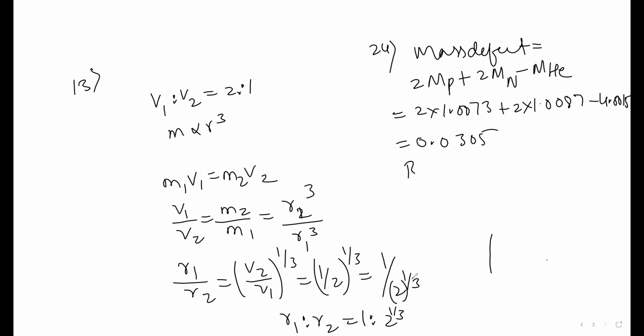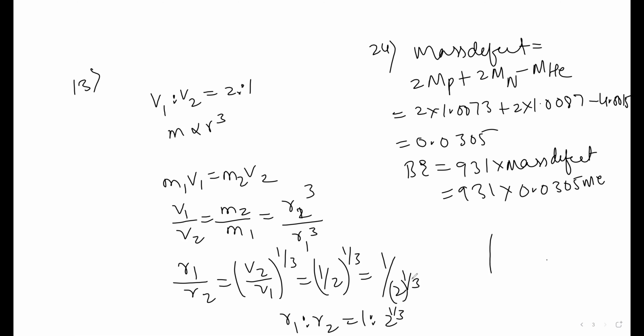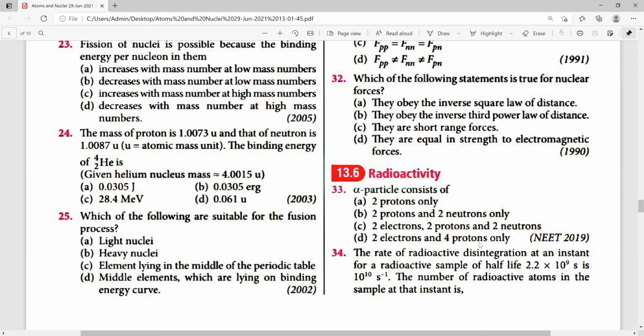So binding energy is given by 931 into mass defect. So that's equal to 931 into 0.0305 mega electron volt. We are getting that one as 28.4 mega electron volt. Therefore, for 24th one, the right answer is C.